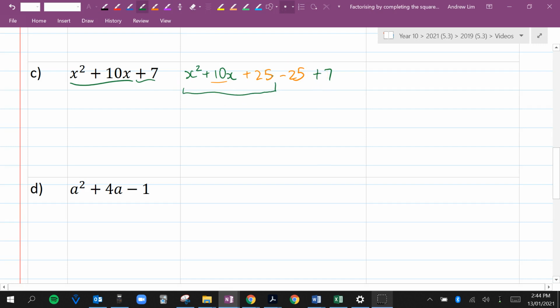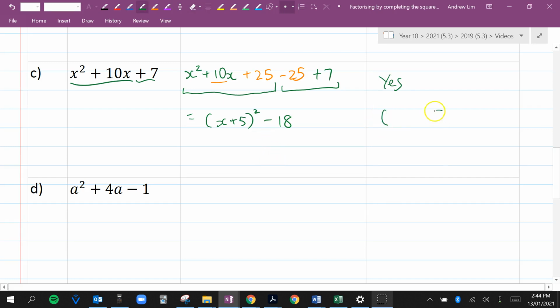That's my perfect square, x plus 5 squared. And this bit now becomes minus 18. Can we factorize this? Yes, we can. It is a difference of two squares because of that minus sign.